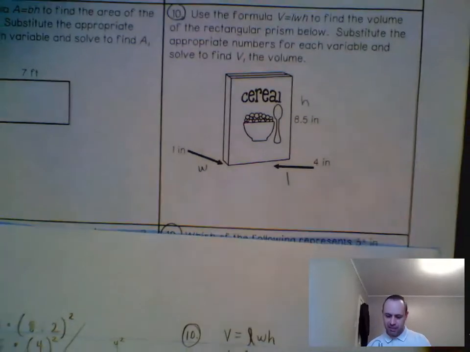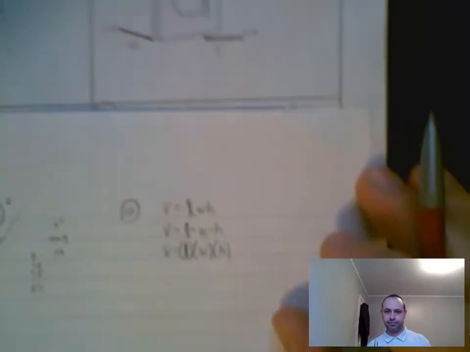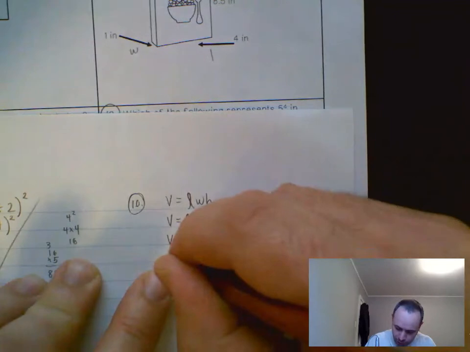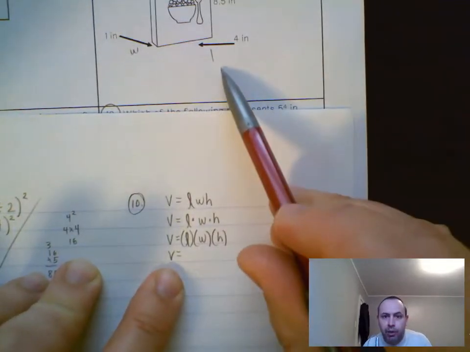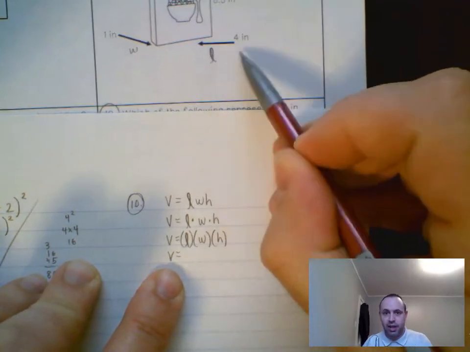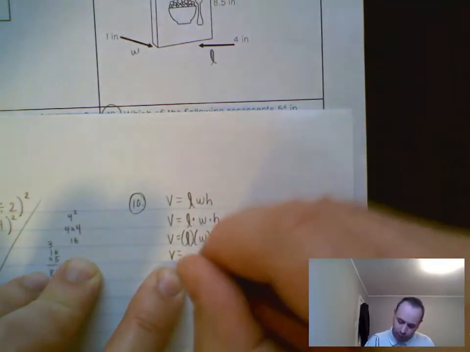So in this case, I'm going to plug in my numbers here. So the volume equals, for L, I put L as this one, so I'm going to plug in a 4.